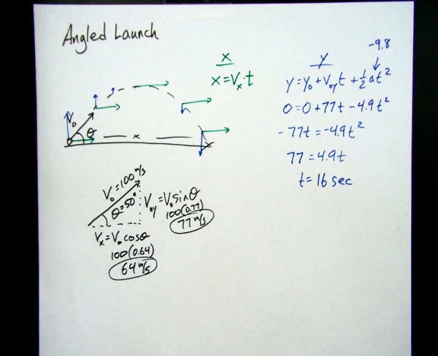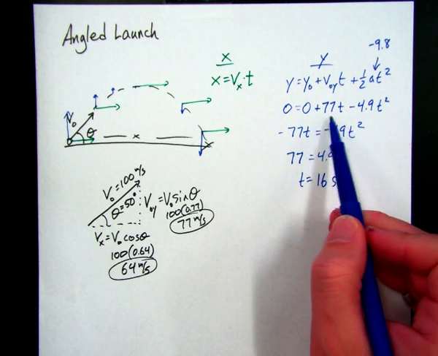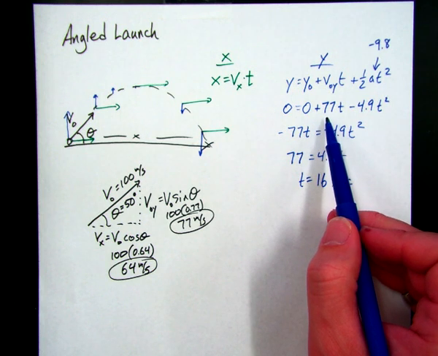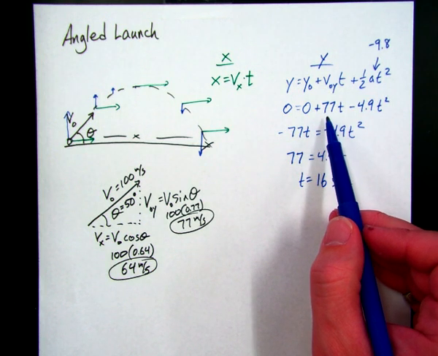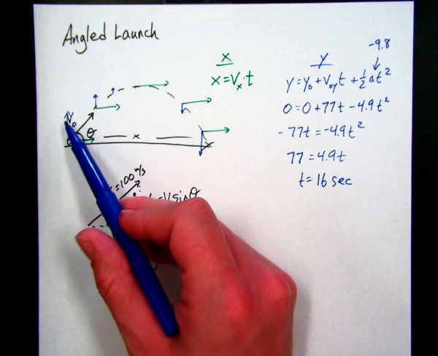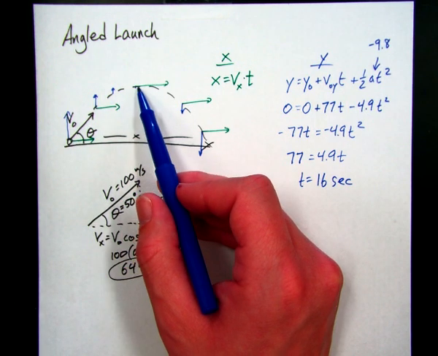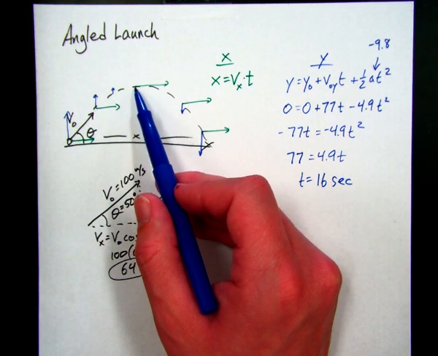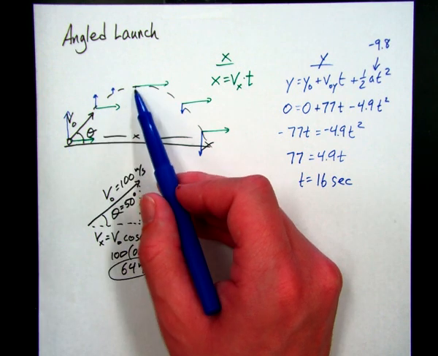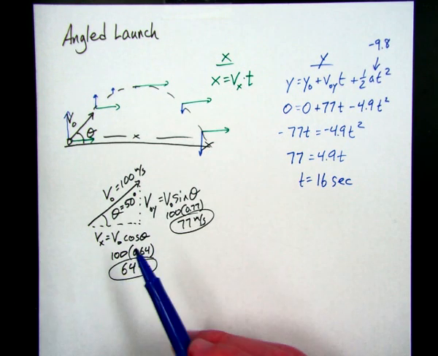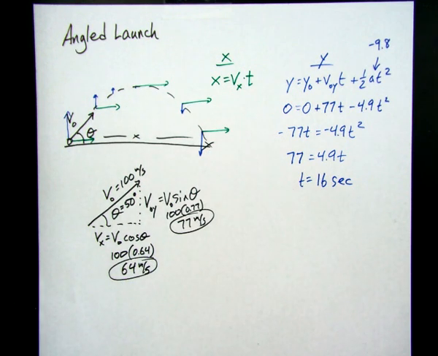Now that's not surprising. Since I started with 77, if gravity takes away 9.8 meters per second every second for this object launched up, it should take about 7.7 seconds, a little bit more, for it to reach the top. And it should take the same amount of time to go from the top back to the bottom. So not surprising that it's about double 7.7, 16 seconds.